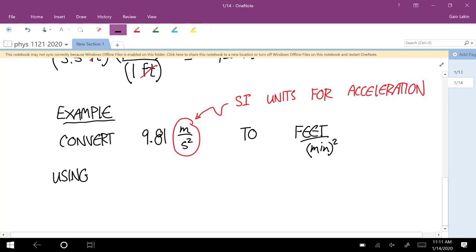Using the fact that 1 meter is equal to 3.281 feet, and 1 minute is 60 seconds.